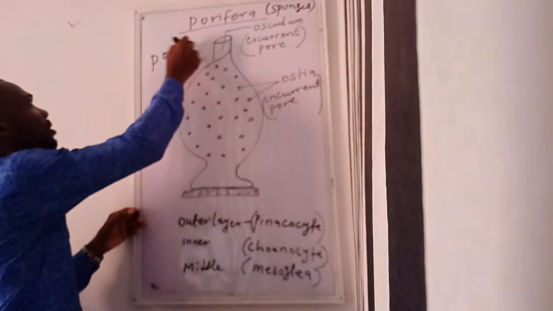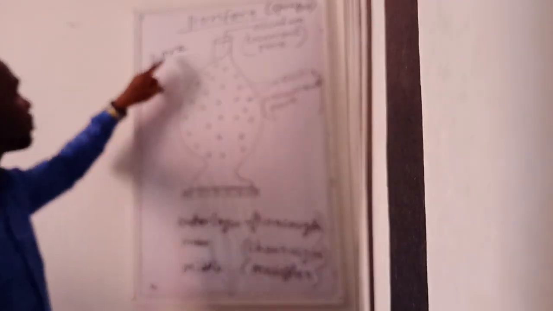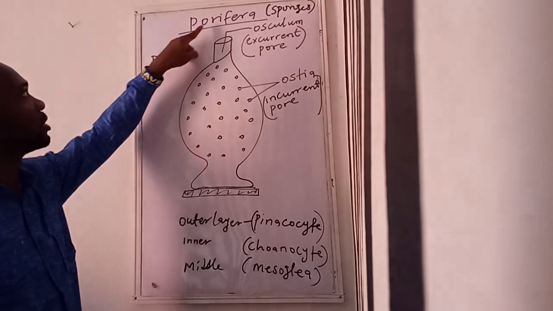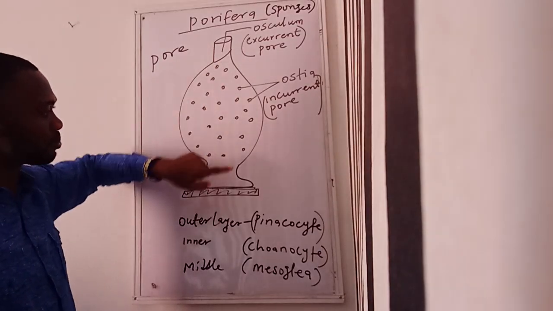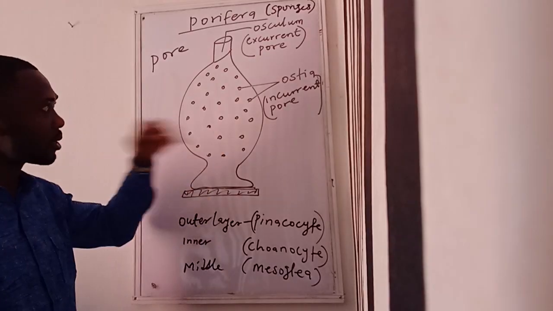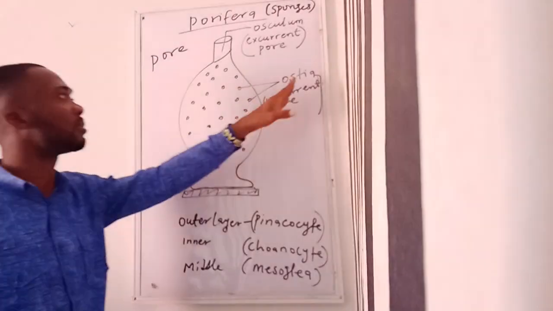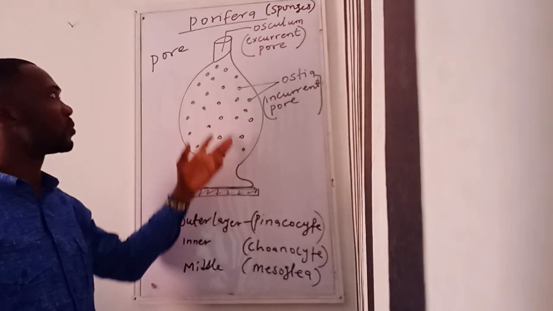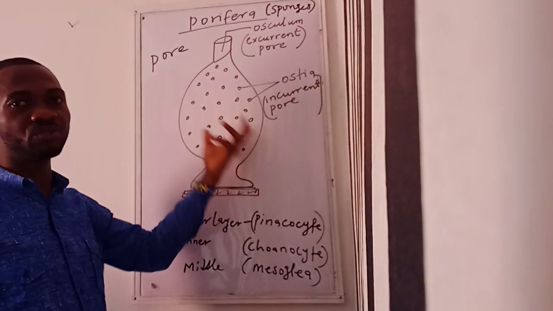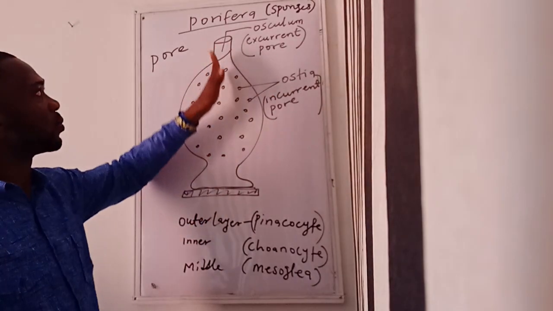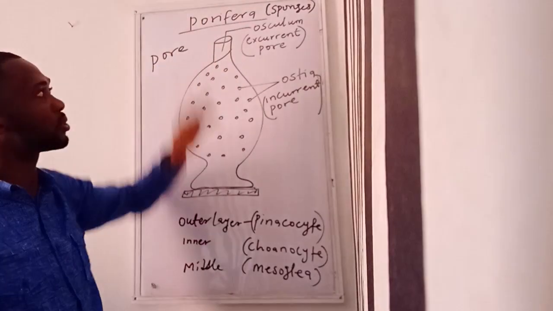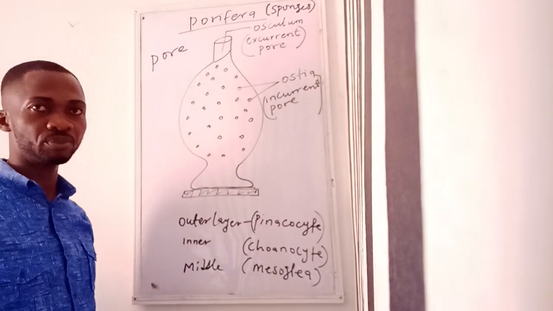These numerous pores are called the ostia. This is where water and nutrients enter the body of this organism, and waste products leave through what is called the osculum.